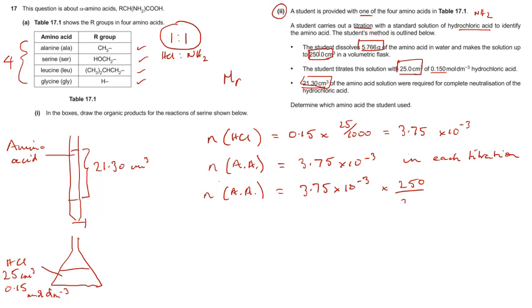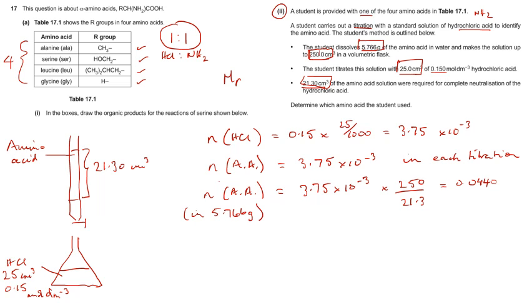So it's 250 over 21.3, and that's going to give us the moles of amino acid in 250 cm cubed or 5.766 grams, same thing. Okay, and that works out at 0.044 moles.